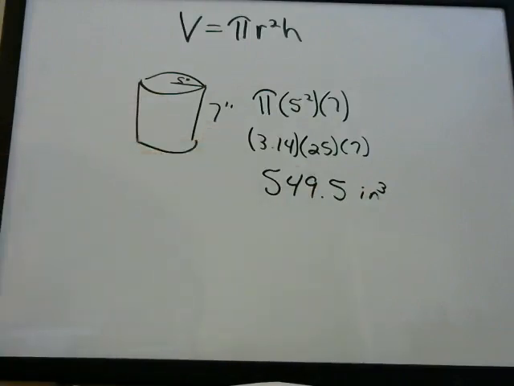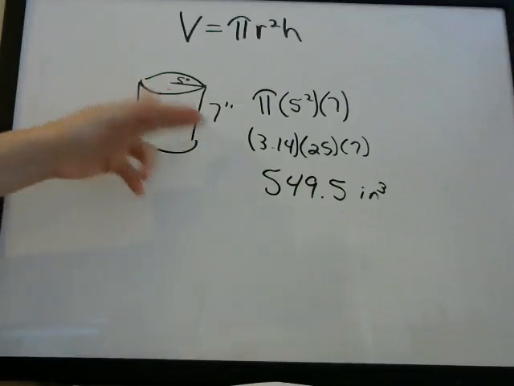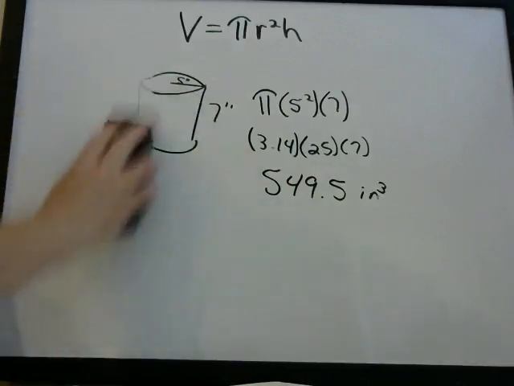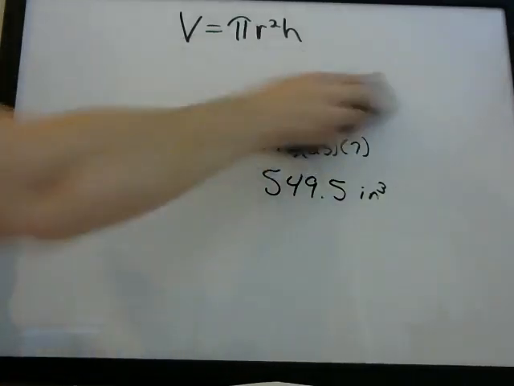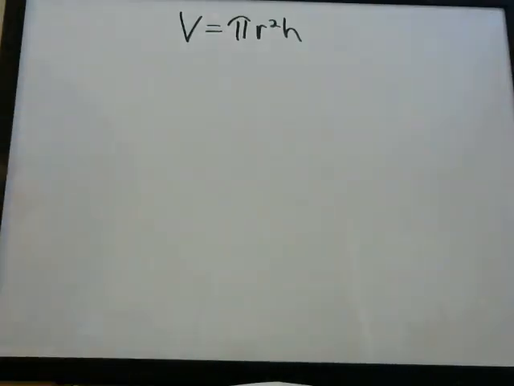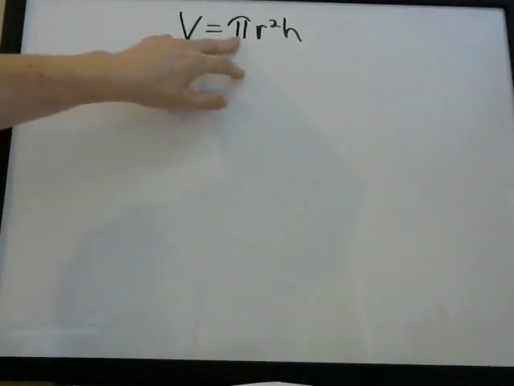On the test, it's probably not going to be this straightforward, where they're going to give you the height and the radius and you just have to figure it out. So we're going to do a couple more problems that are maybe a little bit more involved. Sometimes they leave the problem in terms of pi, where they don't actually multiply out the number.